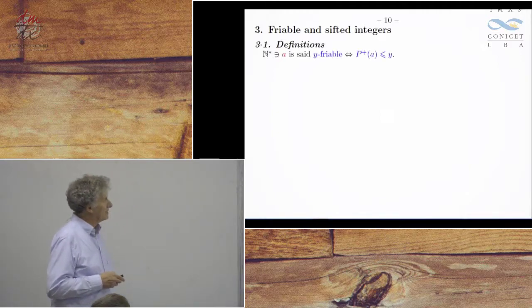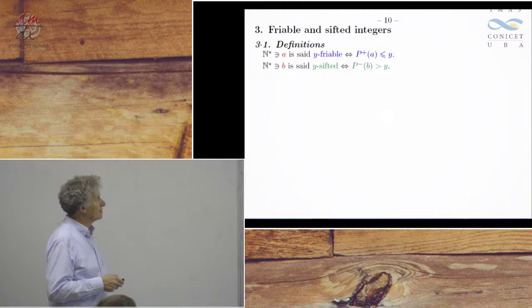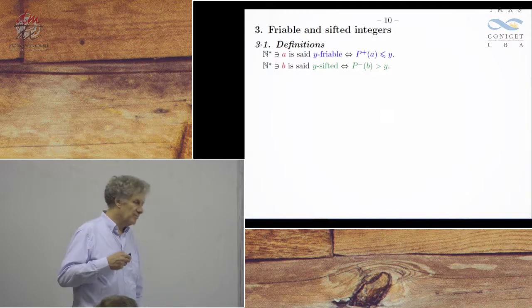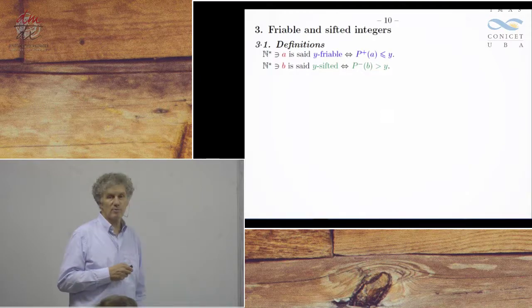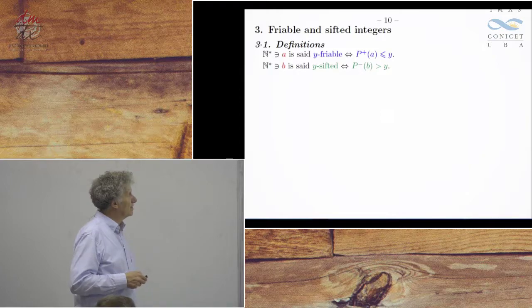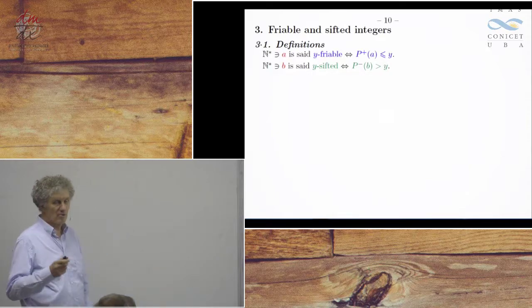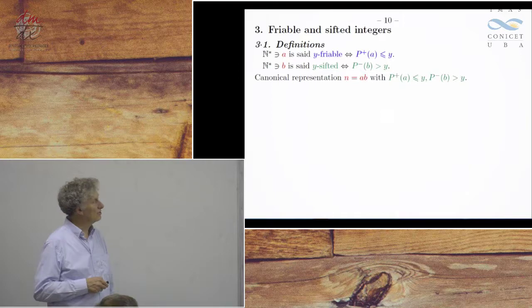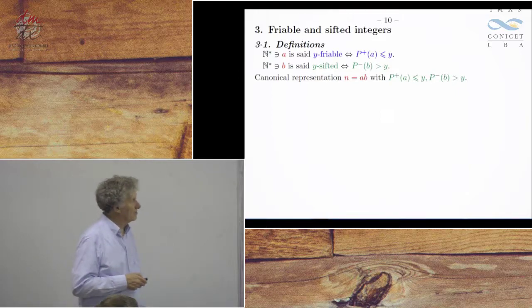Now, as I said before, an integer is said to be y-friable if its largest prime factor is less than y, and it's y-sifted if its smallest prime factor is larger than y. The largest prime factor of 1 is by convention equal to 1, and the smallest prime factor of 1 by convention is equal to plus infinity. And we always have a weak inequality here and a strict inequality here, just because of what I'm going to say now: there is a canonical representation of any integer as a product AB, where A is friable and B is sifted with the same parameter.